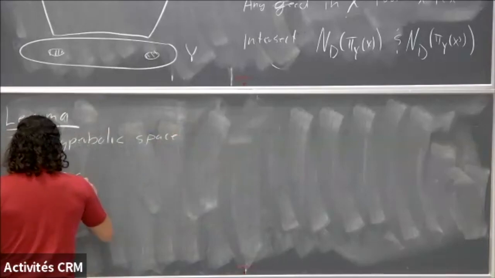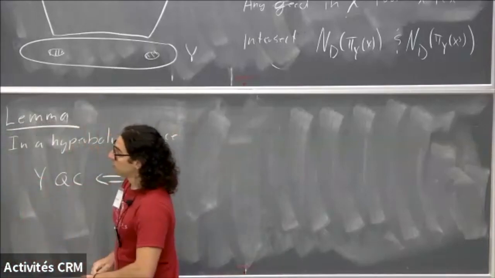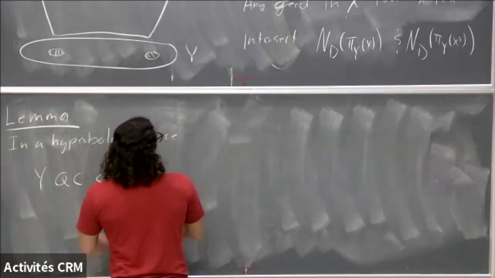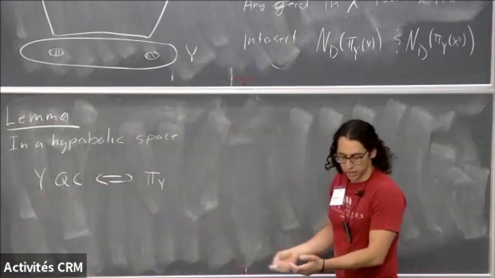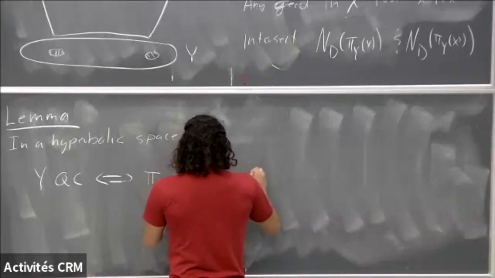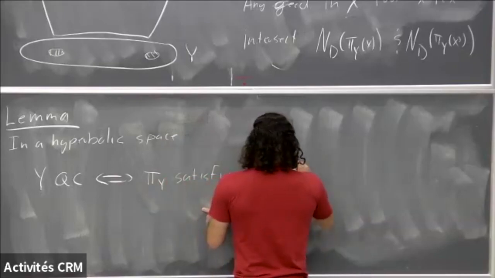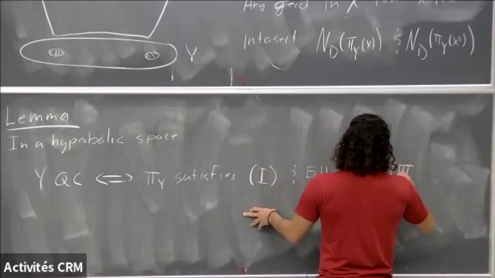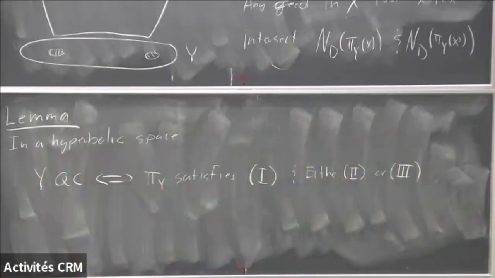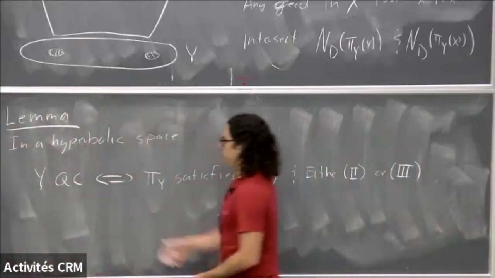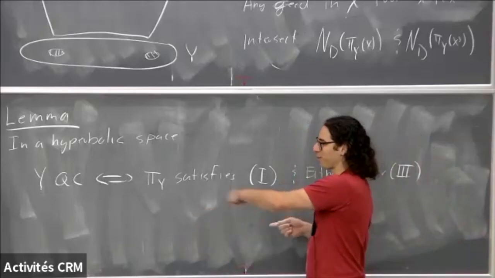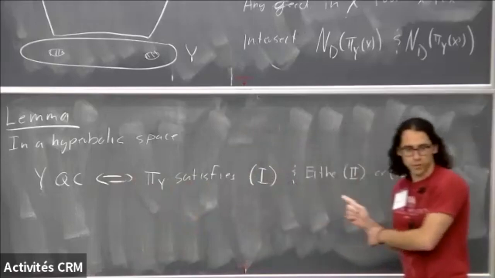Y is quasi-convex if and only if this is true about pi of Y. They always define pi of Y for any subset of any space, but if that projection satisfies 1 and either 2 or 3, if you know that your projection is coarsely Lipschitz and it satisfies this contracting property or this bounded geodesic image property, then it has to be quasi-convex. So very often you prove something is quasi-convex by proving that this closest point projection does what you want it to do.